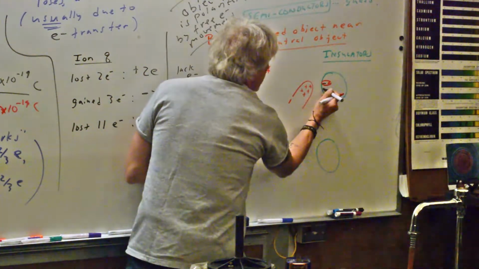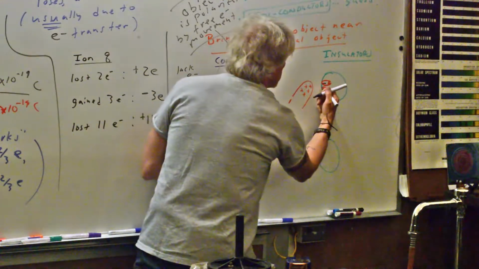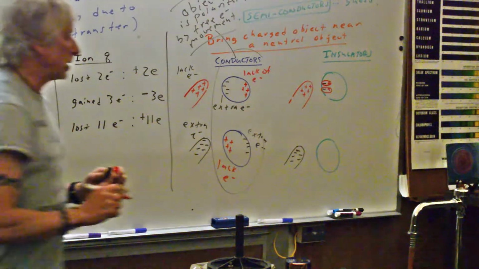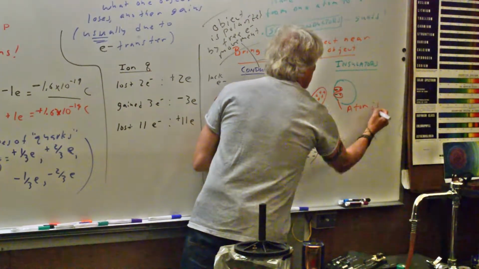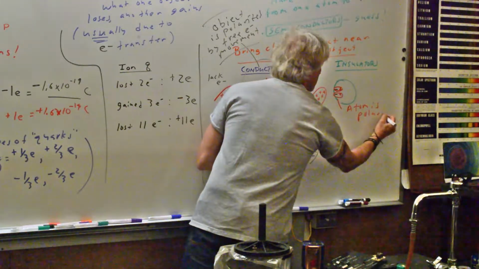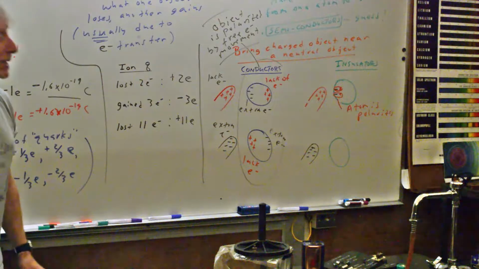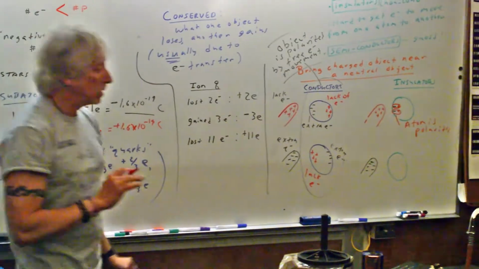Again, the electrons are attracted, the protons are repulsed, and so we say the atom is polarized, as opposed to the object. And then you could figure out what would happen down there too, right? Still, the atom is polarized.